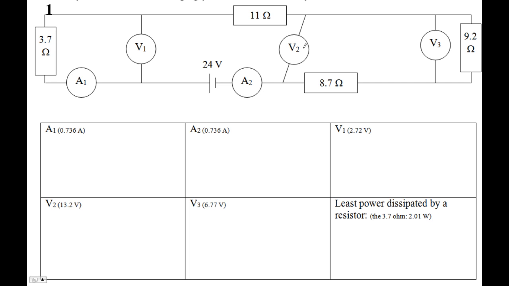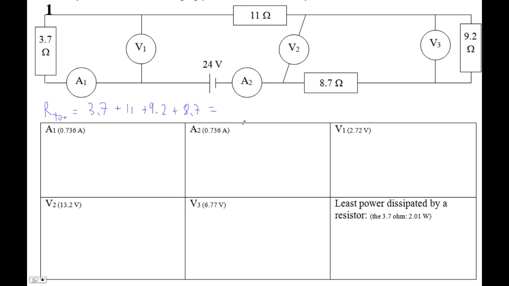All right, so our first step here is to find the one resistance, the total resistance. So step one, our total resistance is 3.7 plus 11 plus 9.2 plus 8.7. Going to be a lot of resistance.